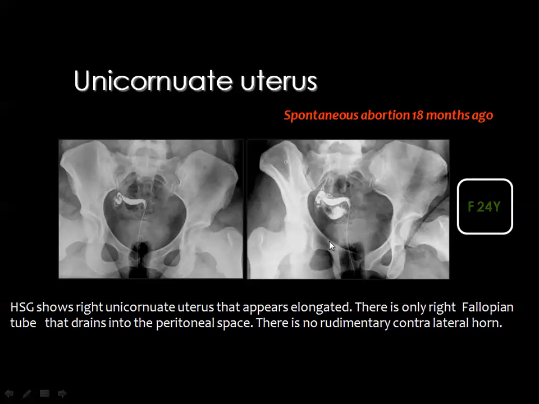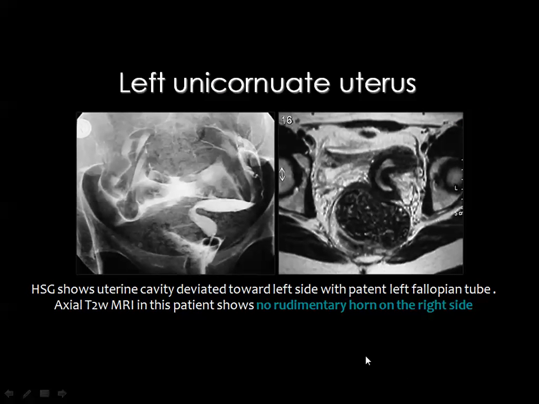And here you see a single uterine cornu, a single fallopian tube, and the possibility of another atrophic cornu needs further evaluation by MRI. In this case, by hysterosalpingography, you see a single uterine cornu, and by MRI, you see a single cornu.